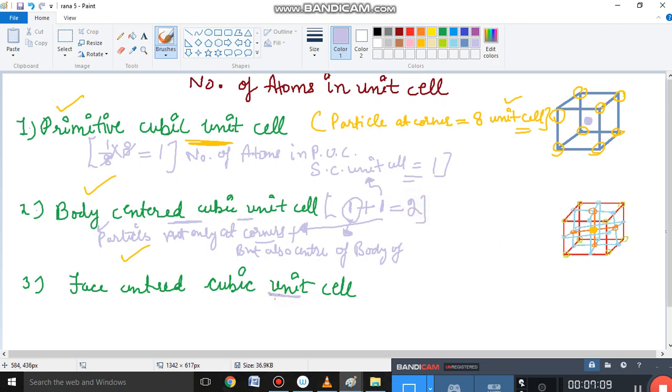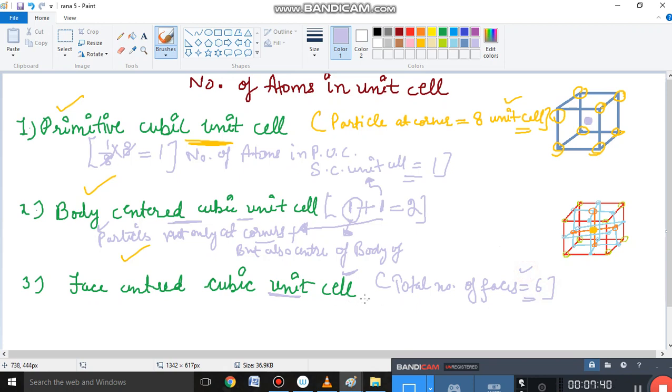Moving on to the face centered cubic unit cell, in this the particles are present not only at the corners but also at the center of the face of the unit cell. Since there are 6 faces, total number of faces in a unit cell is 6.